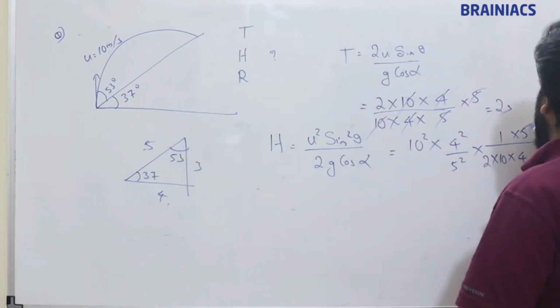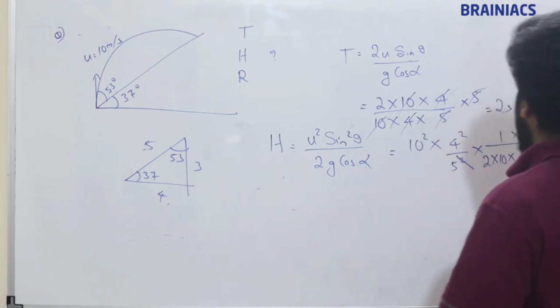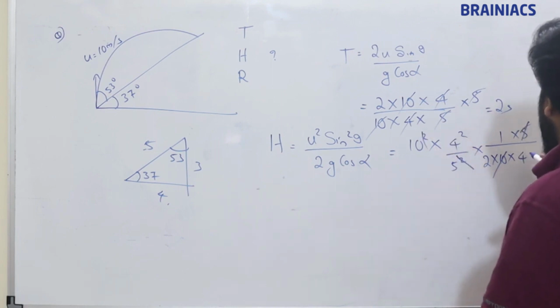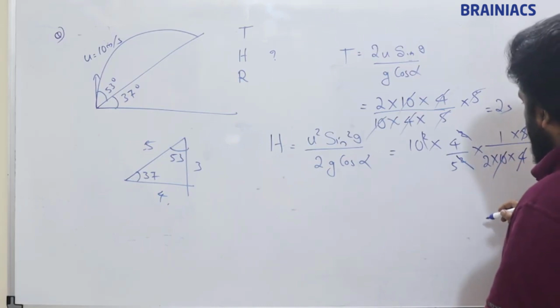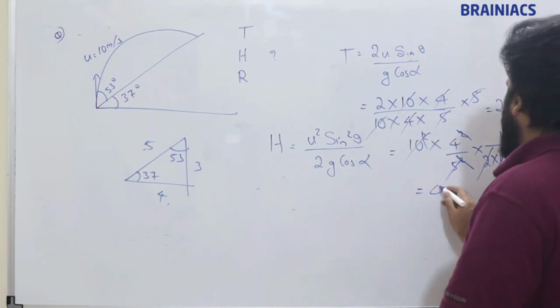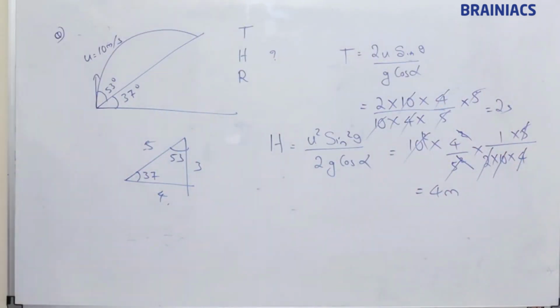Then 10 cancelled, 4 square is cancelled, and the 2 5 with the 10 can be cancelled. So this is going to be 4 meter. This is the maximum height.